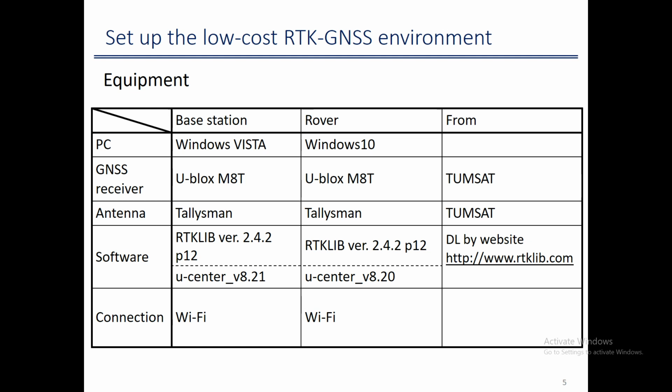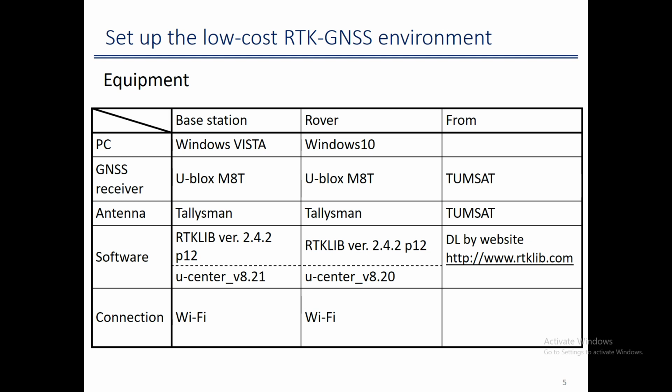The user-friendly interfaces are Windows Vista and Windows 10. You need a GNSS receiver, a u-blox M8T. Those are just examples of the types of GNSS receivers, so not to worry. Antenna, that's like an aerial of some kind.